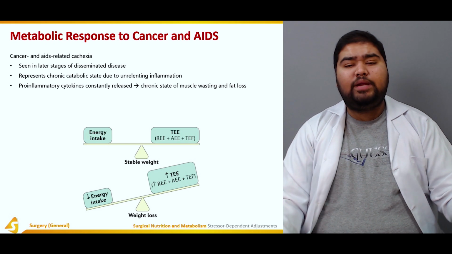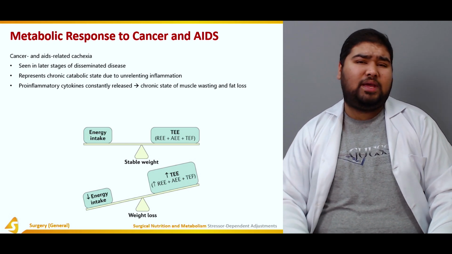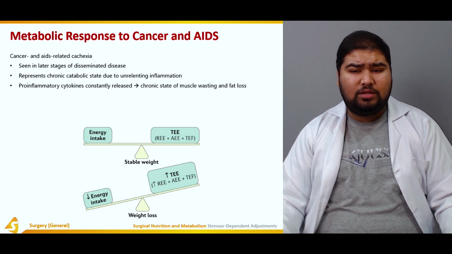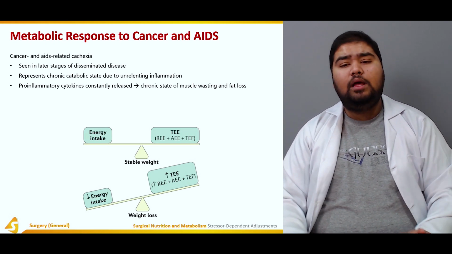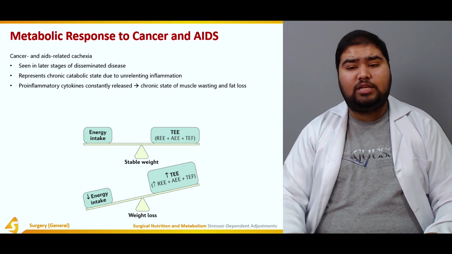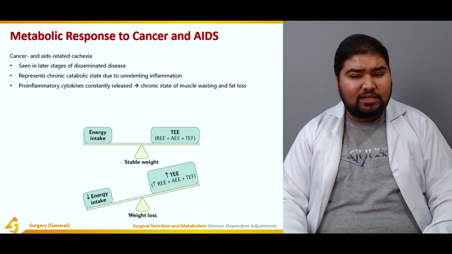The pro-inflammatory cytokines are constantly being released, as in the case of acquired immunodeficiency syndrome. These pro-inflammatory cytokines result in a chronic state of muscle wasting and fat loss.